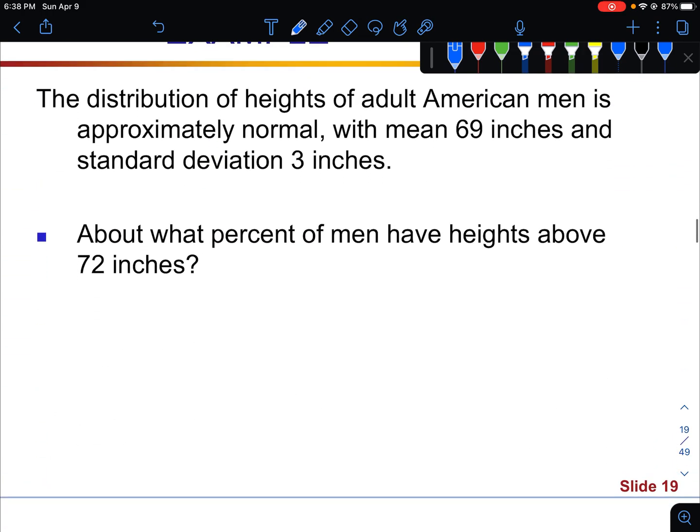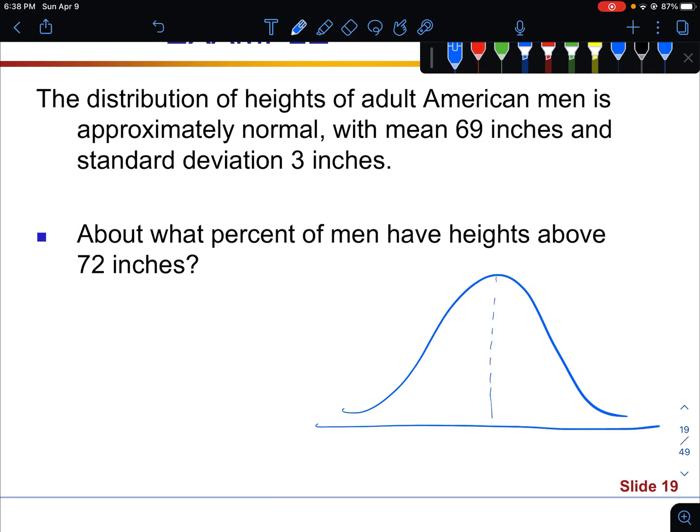And the first thing I'm going to do is draw an actual graph, a distribution graph. So we can just draw a curve here. And we know that in the middle here is going to be our mean, which is going to be 69. 1 standard deviation away would be adding 3, so that would be 72.